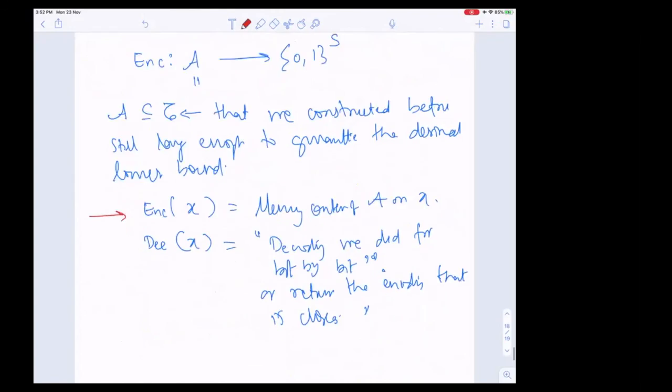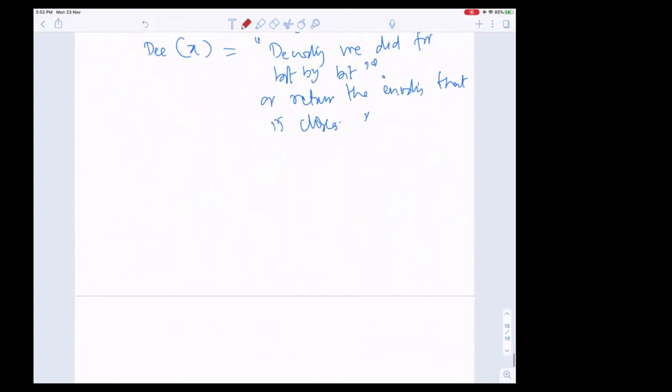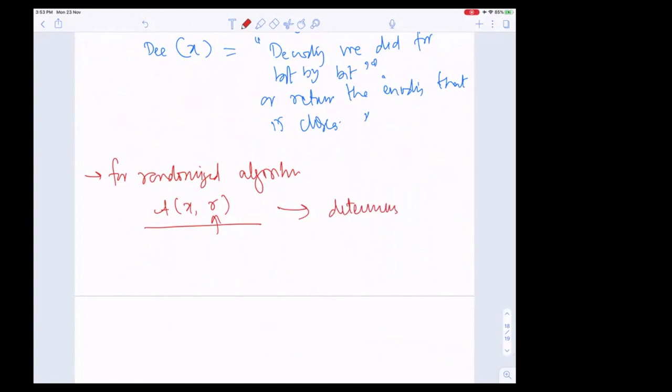For a randomized algorithm, the behavior depends not only on X but also on some random string R. Once I provide both X, the real input string, and the random string, the behavior of the algorithm is deterministic, but it depends on the random string.